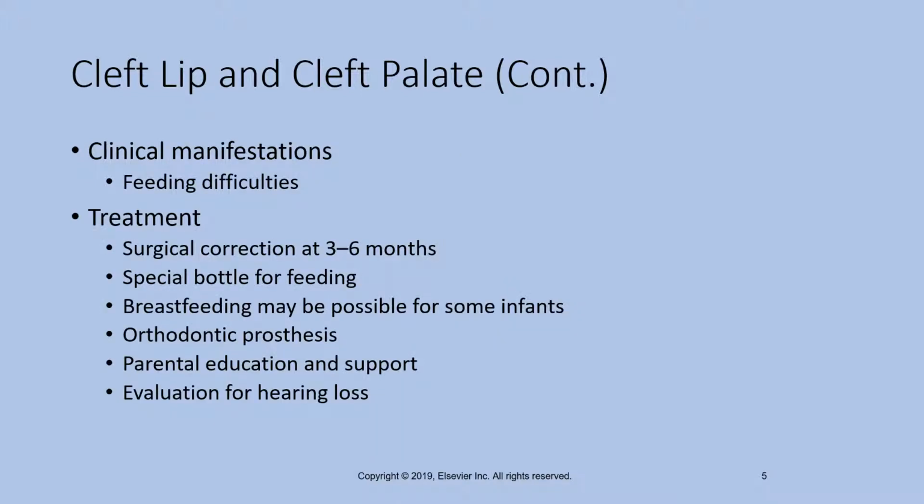So clinical manifestations: feeding difficulties. Treatment: surgical correction in 3 to 6 months, special bottle for feeding. Breastfeeding may be possible for some infants. Orthodontic prostheses, parental prenatal education and support, and evaluation for hearing loss, which can be concomitant.